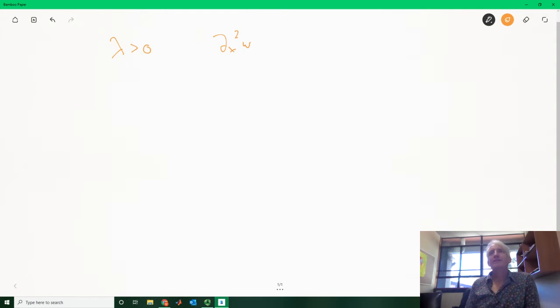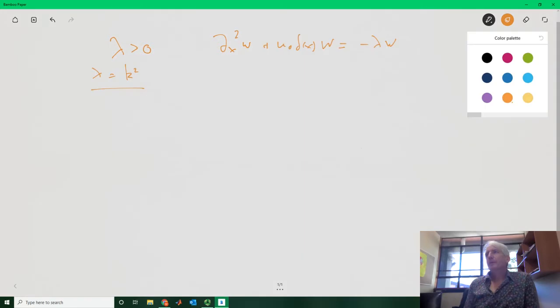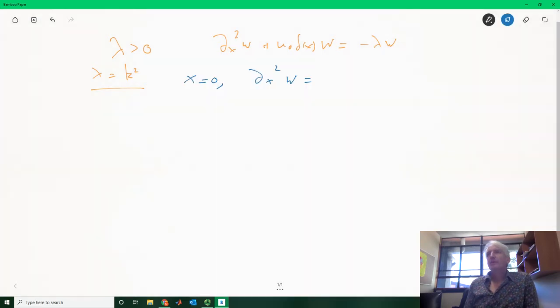Remember our k is changing a bit here. As long as x is not equal to 0, the equation is just the x derivative of w is equal to minus k squared w. So w must be equal to a e to the ikx plus b e to the minus ikx.